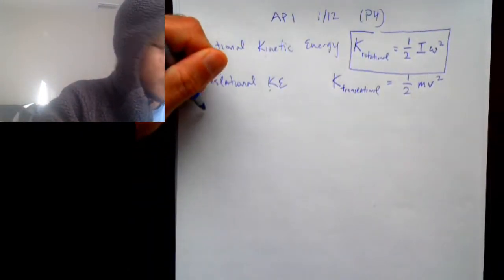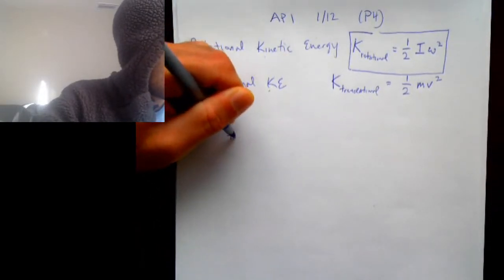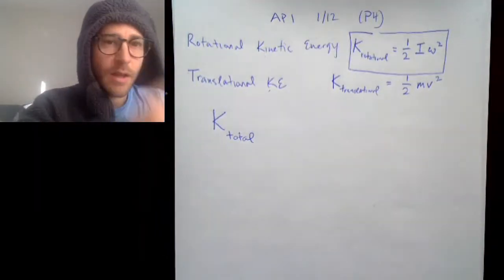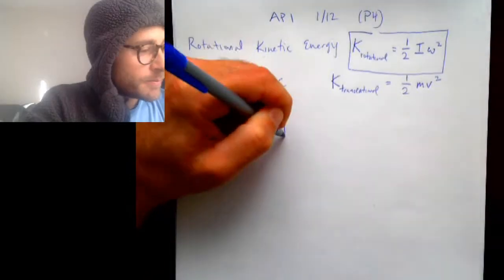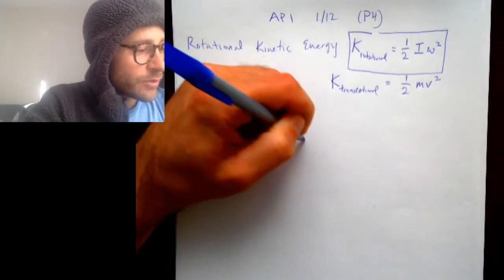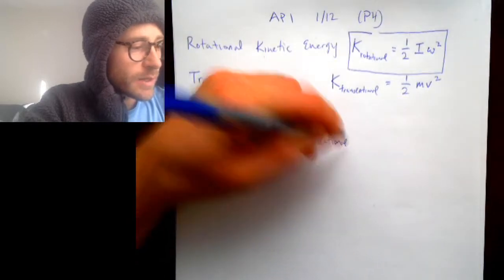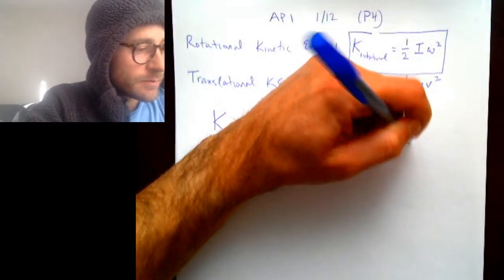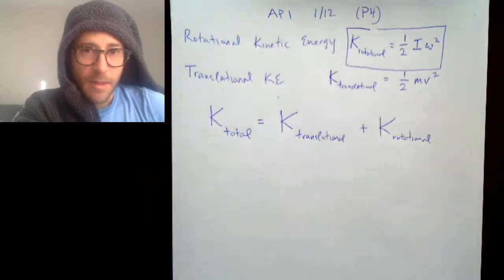Okay? And so the total kinetic energy is going to be the sum of the translational and the rotational kinetic energies.